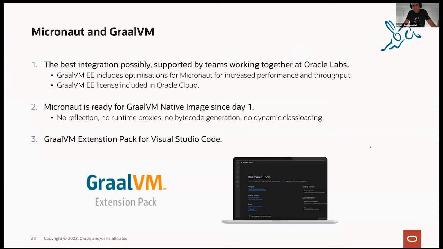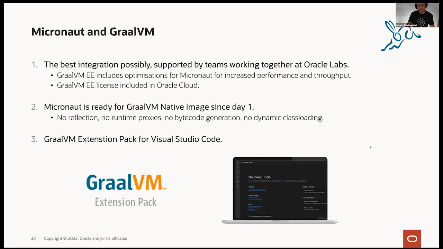So you won't find a better integration of GraalVM with a Java framework than in Micronaut. There is also GraalVM EE, the Enterprise Edition, which is included for free in Oracle Cloud and offers advanced features like commercial support for Java 8 and things like that.